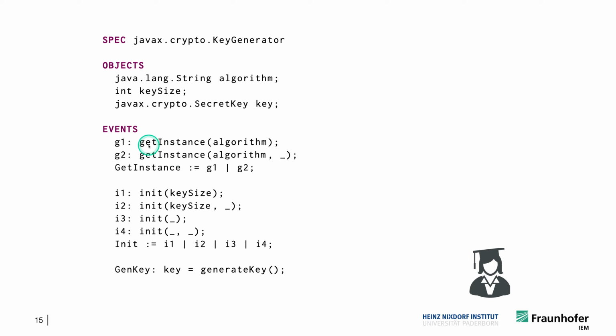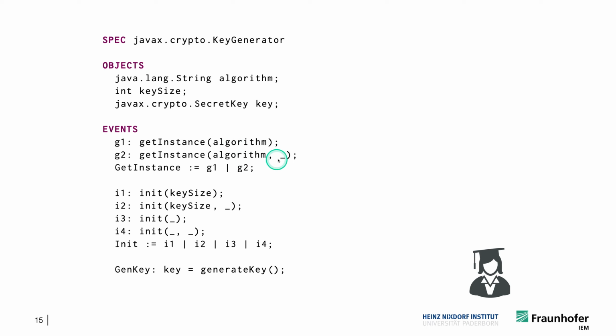And then the first parameter to getInstance here would actually be a string, which you can see here, right? And it's not just any string. It's actually a string that defines a key generator algorithm. So that's why we gave it this name, right? So, but we could have given it any name, right? So this has no semantics on its own. It's just, to make the specification more easily readable, of course, you should be choosing sensible names.